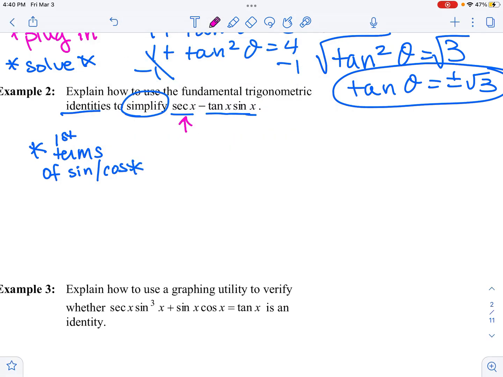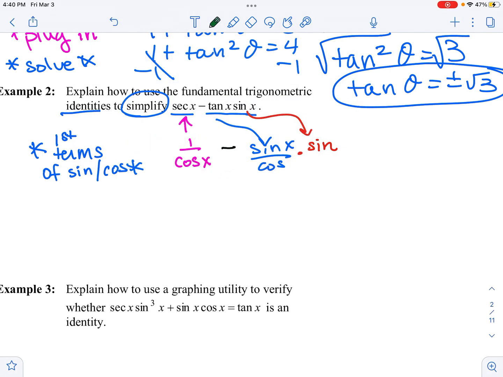I know secant is really 1 over cosine. Okay, we're going to do the rest. Minus tangent is really sine over cosine. And then sine, of course, is just sine. So I rewrote it in terms of sine and cosine only.